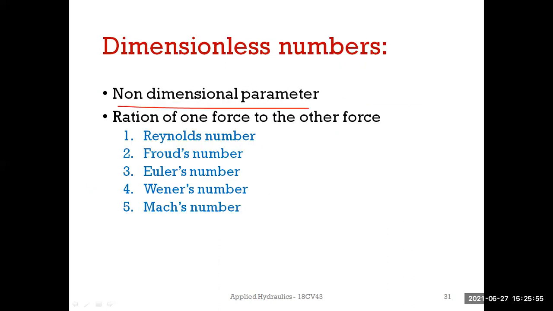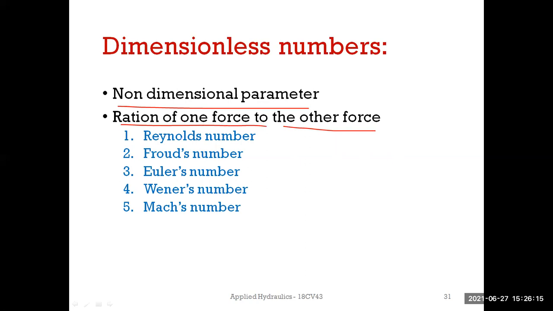Whatever ratio you get is called a dimensionless number. So a dimensionless number is obtained by dividing any two forces; it is the ratio of one force to the other force.